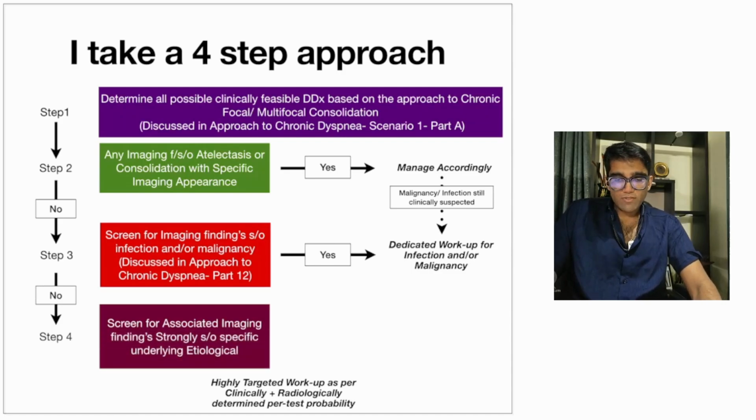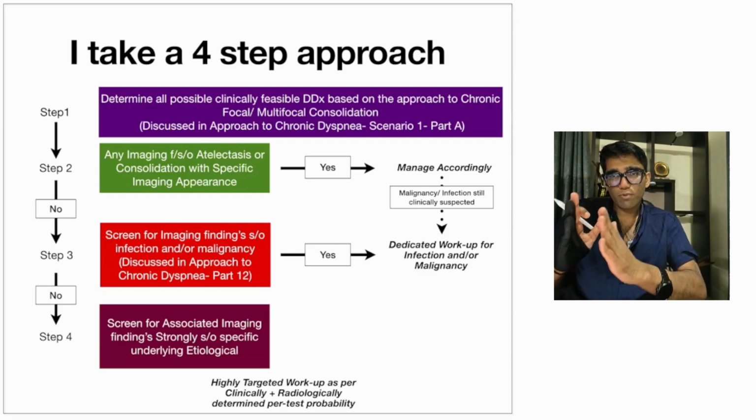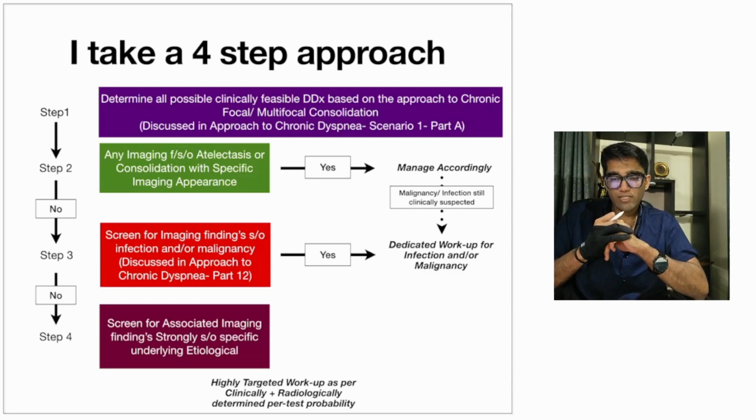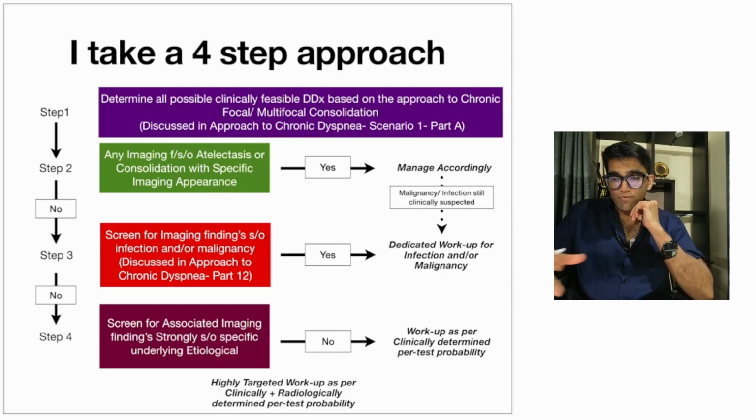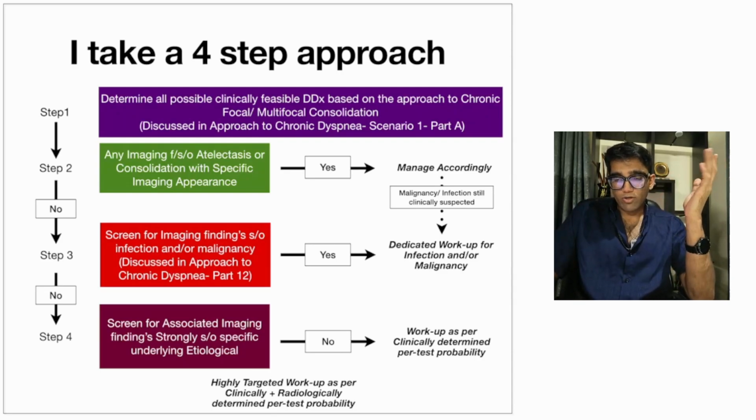The next step is you screen for associated imaging findings, and in some specific imaging findings, you can consider the possibility of a specific underlying etiology for a consolidation, and that is what we'll go into in detail in this particular talk. If that is not the case, again, workup is based on the clinical pretest probability, that is obviously based on our understanding of what may be the causes of focal or multifocal consolidation in general, which we discussed in our first talk in this series.